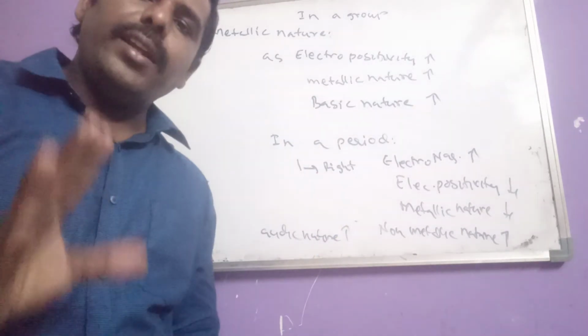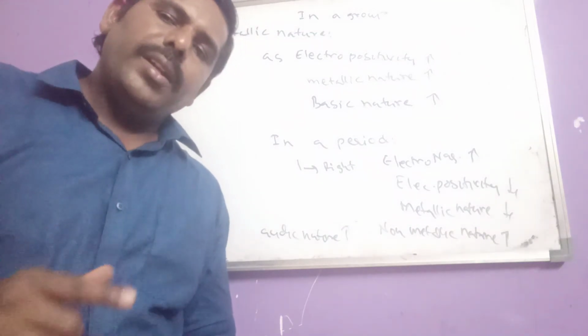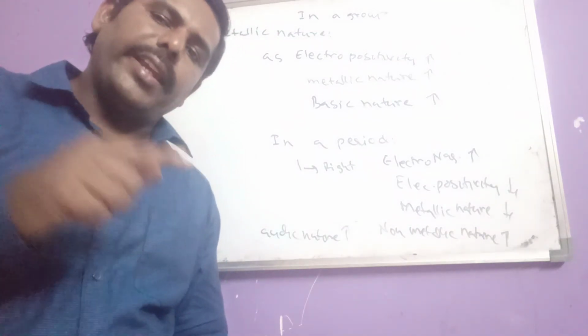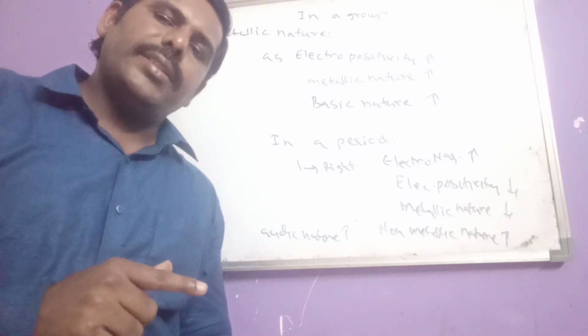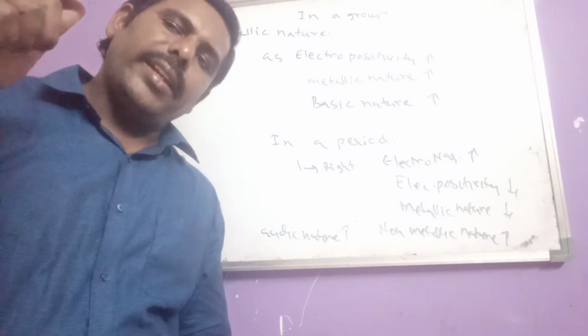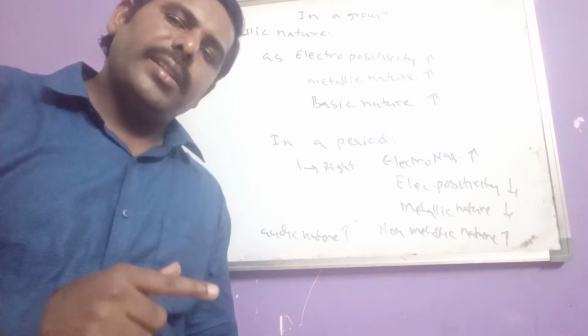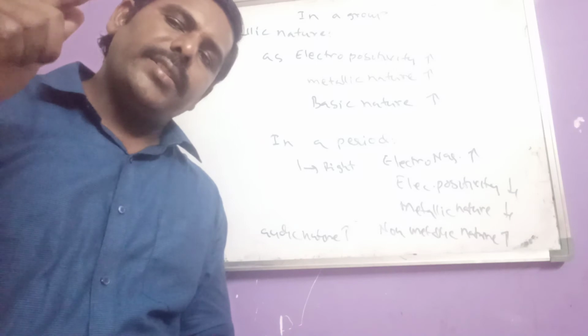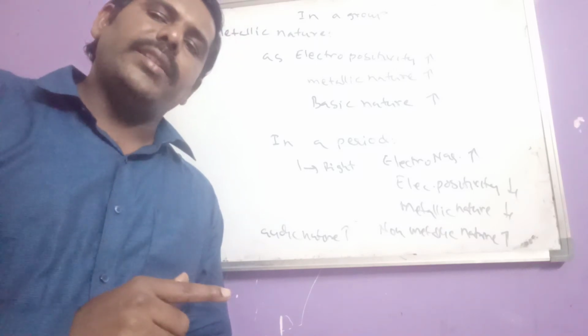So the final conclusion: in a group from top to bottom, electropositivity increases, electronegativity decreases, metallic nature increases, non-metallic nature decreases, basic nature of oxides increases, and acidic nature of oxides decreases.